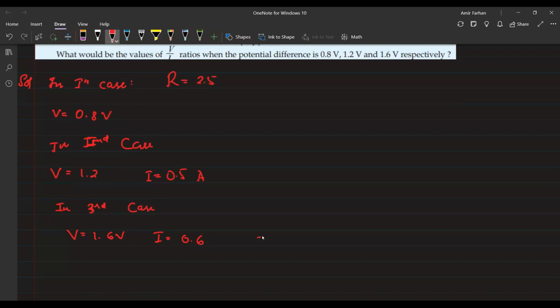Clear? First do this: V by I will be equal to 1.6 divided by 0.6. Clear? So 16 by 6, the decimal will go on.